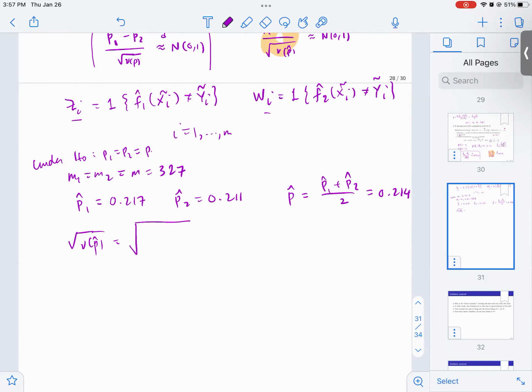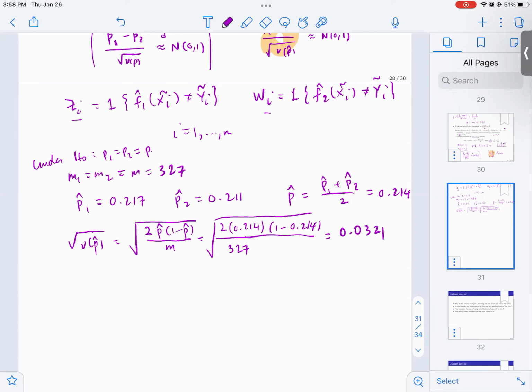And then the standard deviation would be root of 2 p hat times (1 minus p hat) divided by m. What is m? 2.7, and this is going to be 2 times 0.214 times (1 minus 0.214). In any case, you calculate this, and if my calculations are correct, you can double check, it turns out to be 0.00331, something like that.